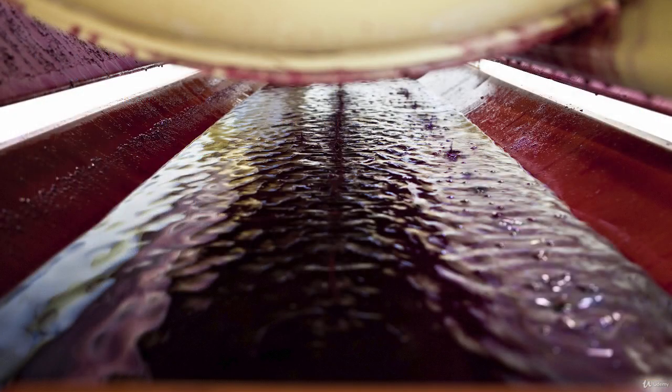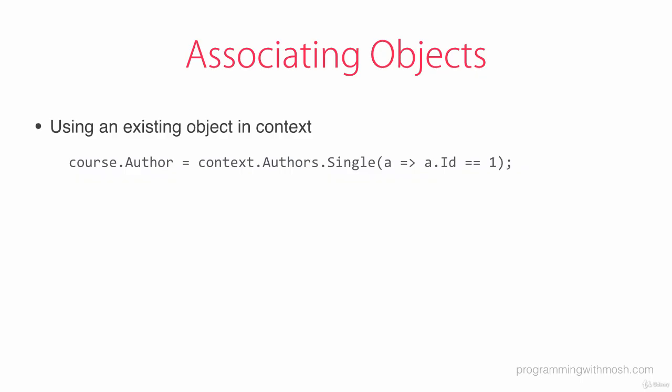The problem with the Attach method or similar methods is that they make you too close to Entity Framework's inner working. And later in the future, if they change their API or how things are done, then you have to change a lot of your code. So my recommendation is to use the two approaches that I showed you. If you have an existing author in the context, simply get that. Otherwise, use the foreign key property to create associations.